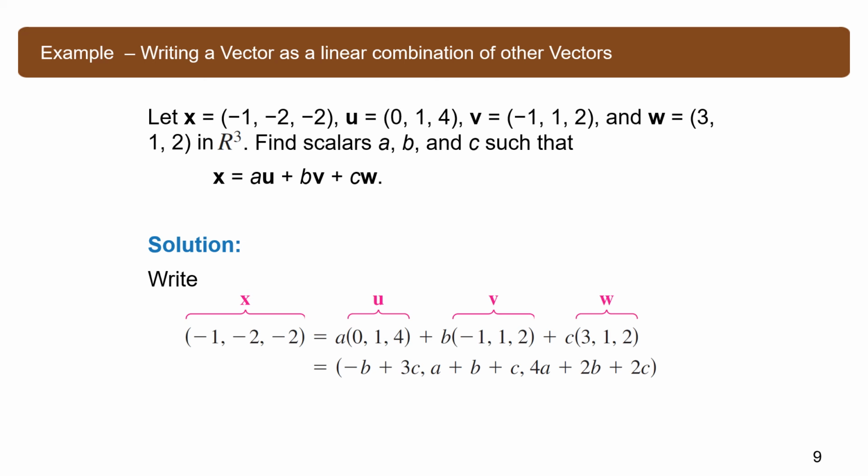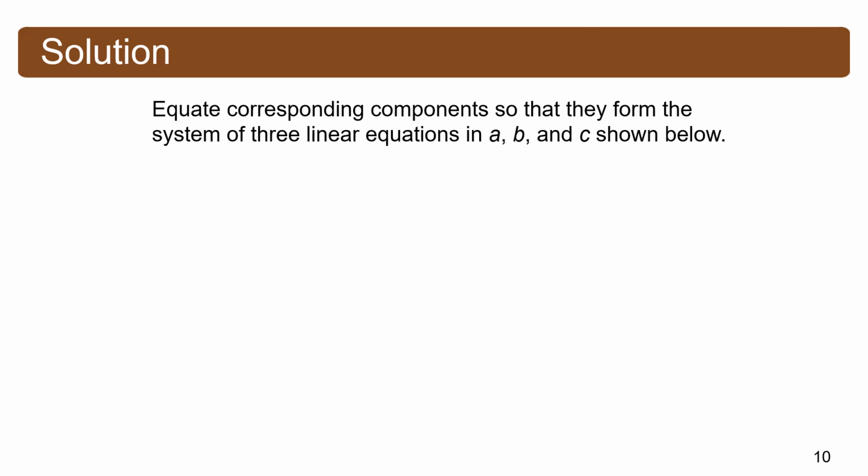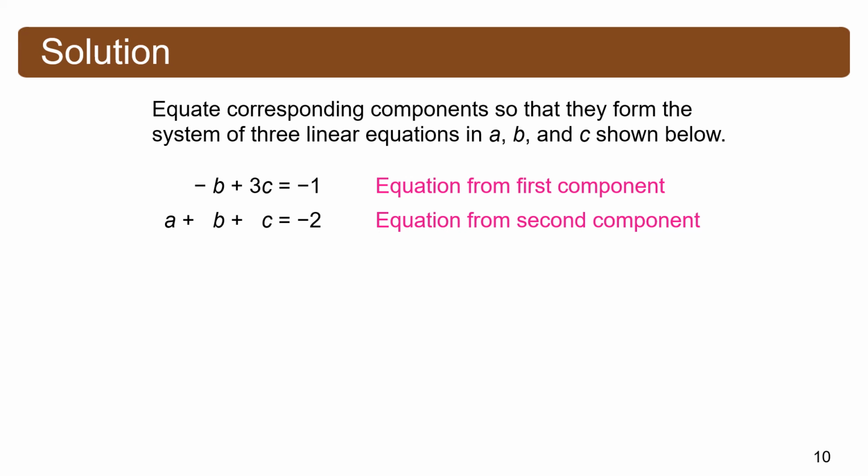Two vectors are equal if the corresponding components are equal. So I get a result by equating the first component, another result by equating the second component, and another by equating the third component. So I have a system of equations in three unknowns a, b, c.